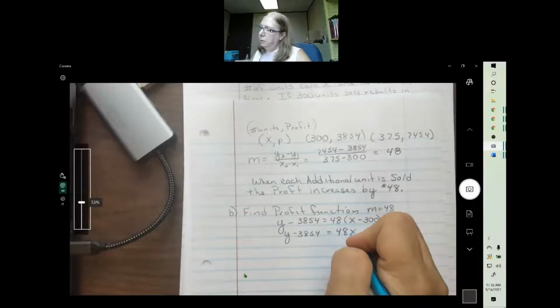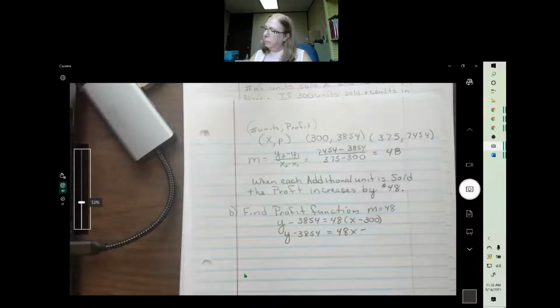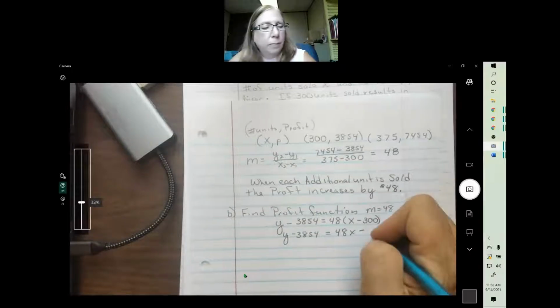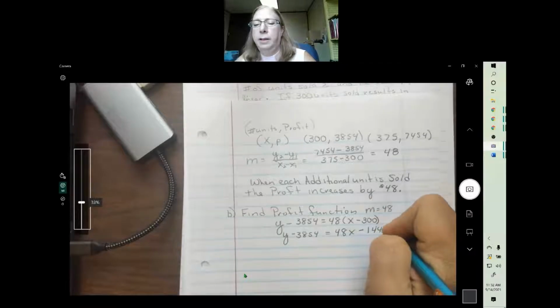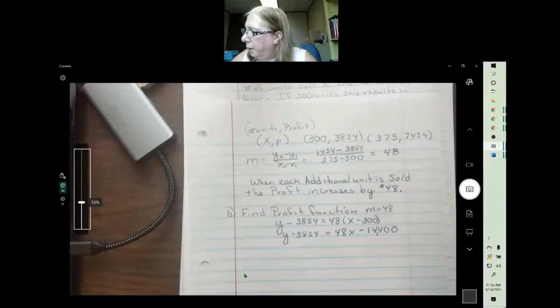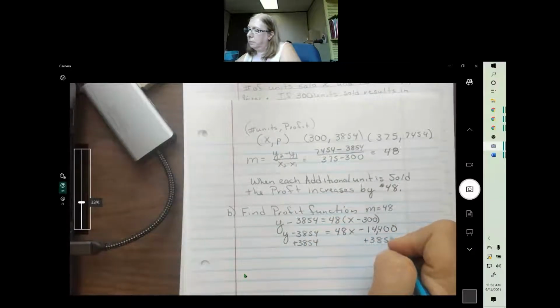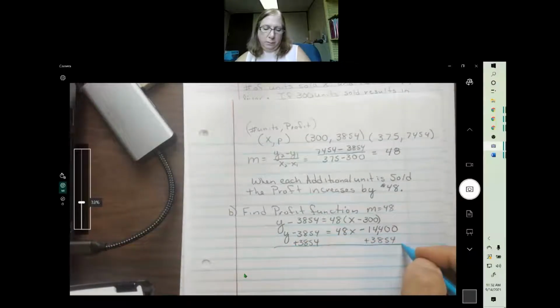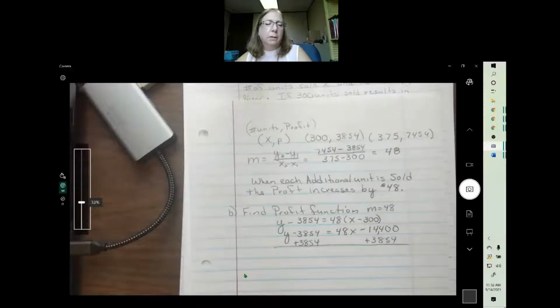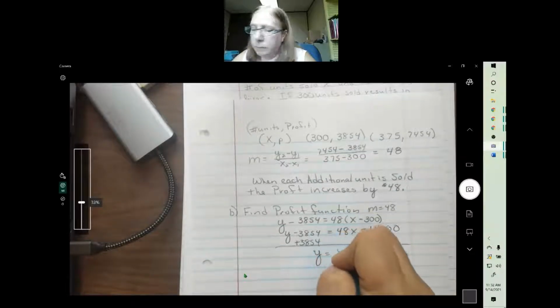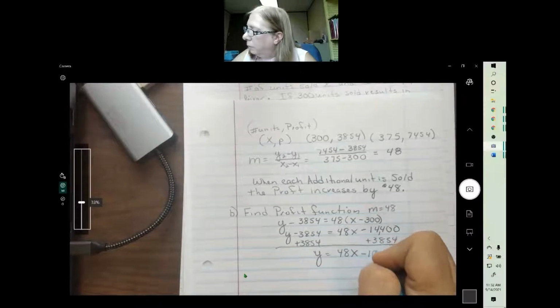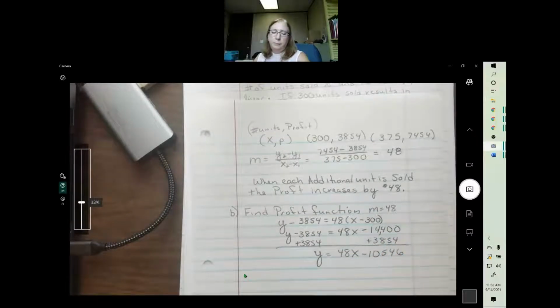Distribute the 48. Get negative 14,400 and add the 3854. Any questions on that part?